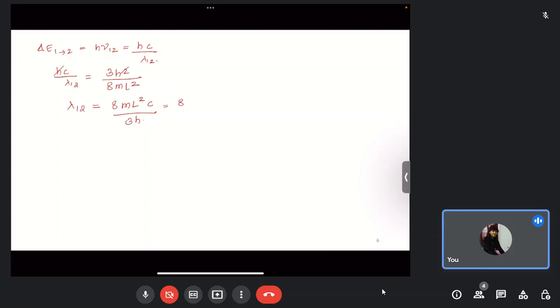So it is 8 into 9.1 into 10 to the power minus 31 into L square, which is 1.33 the whole square into 10 to the power minus 9, right? Whole square into C, which is 3 into 10 to the power 8. So this is meter square, meter second inverse.